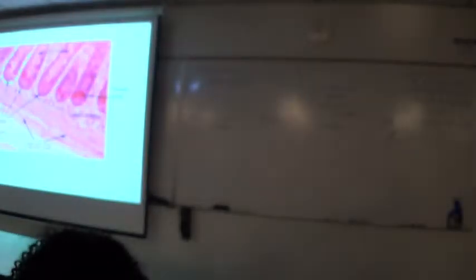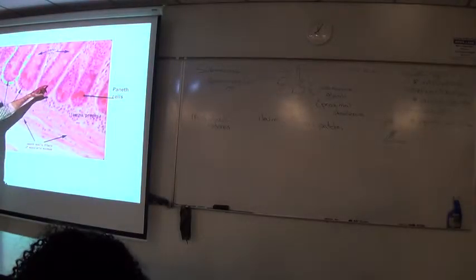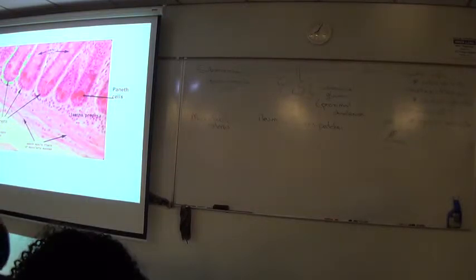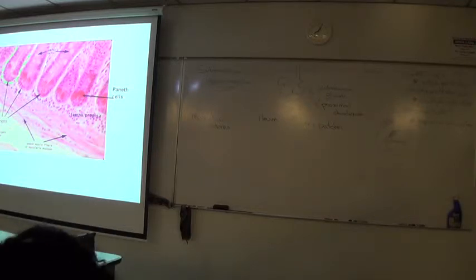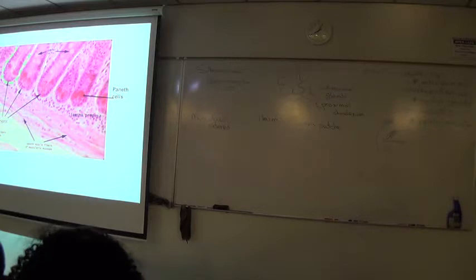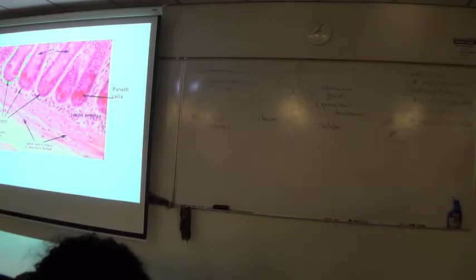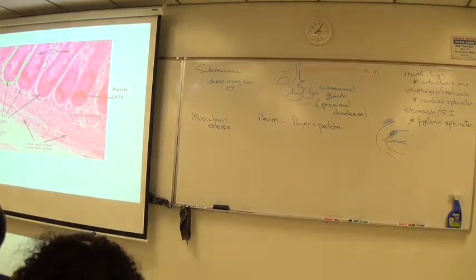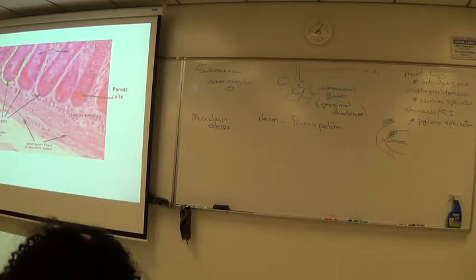In addition to that, I don't know if you can see these cells. The Paneth cells look a little bit like mast cells with these granules. It's not histamine, but these are defense cells. These are antibiotic-type materials that are released to protect the small intestinal cells, because they're doing absorption, are a little bit leakier, a lot leakier than our stratified squamous cells.